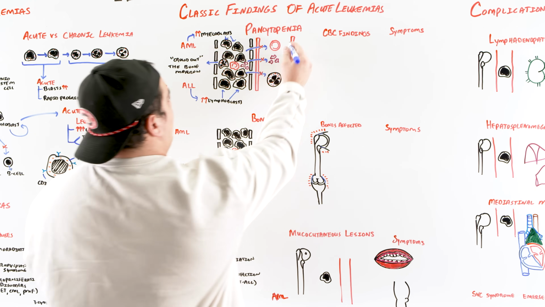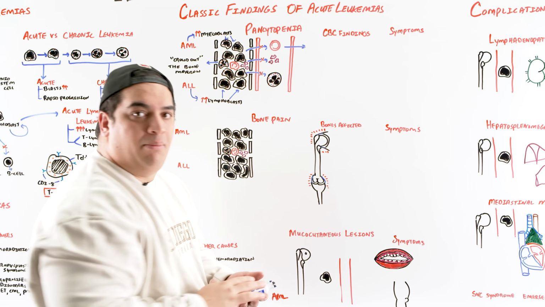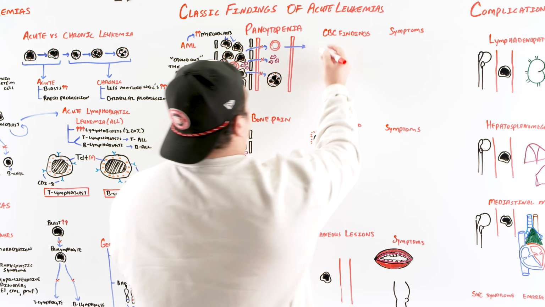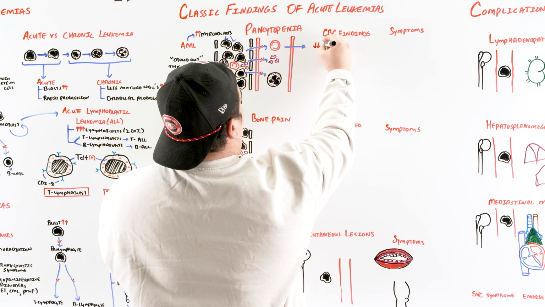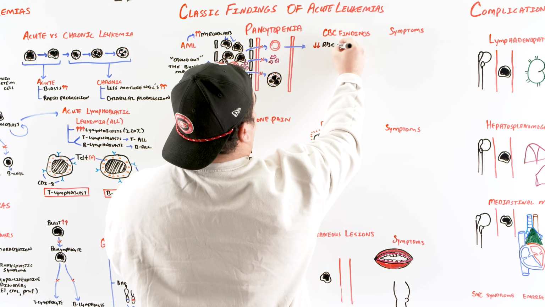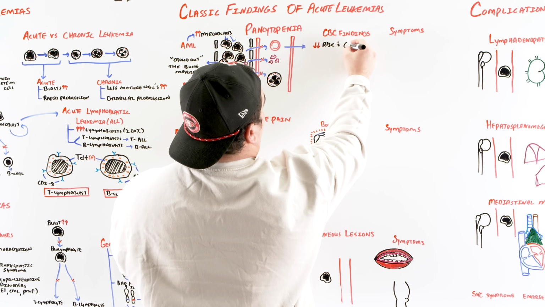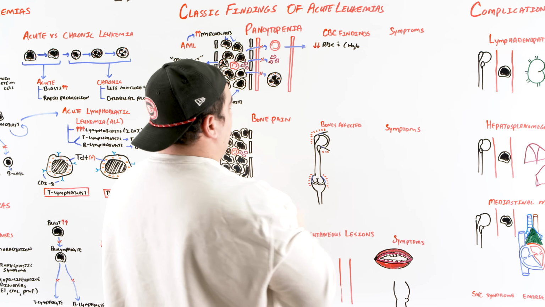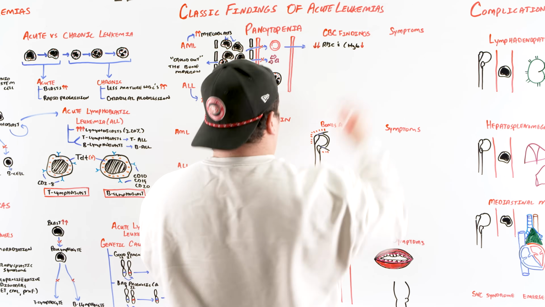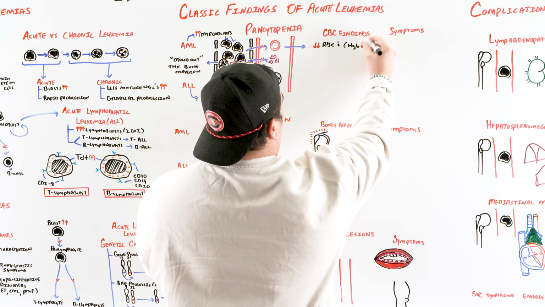Now, what's it called whenever you have less red blood cells? So whenever there is a decrease in the number of red blood cells, and we measure this on our CBC via what? Hemoglobin. So technically, the hemoglobin is what's actually going to be low, right? If we're really being specific.